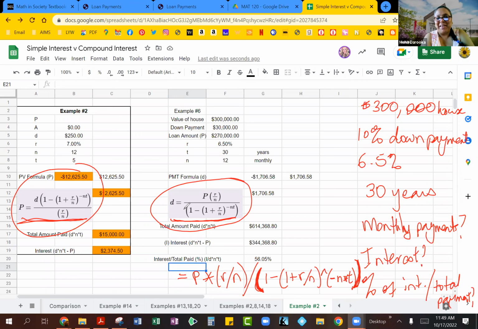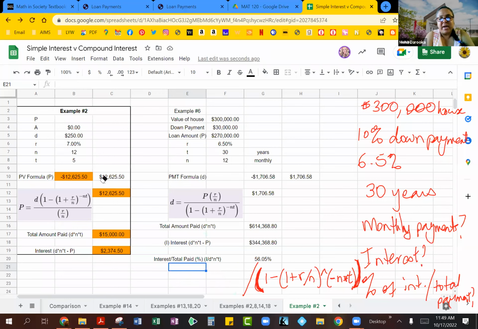Okay, that's fine. Alrighty, guys. So this was our example 6 on trying to figure out, if you are taking out a loan and making a down payment, how much loan amount you basically take out. Obviously we didn't go for the full $300,000 since we did the 10% down payment, so we were only taking the loan amount for $270,000.